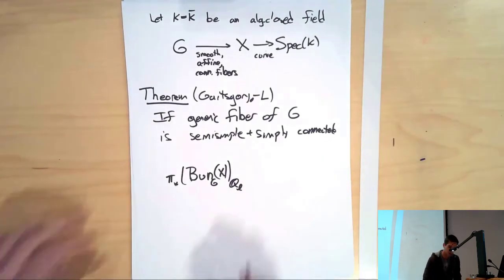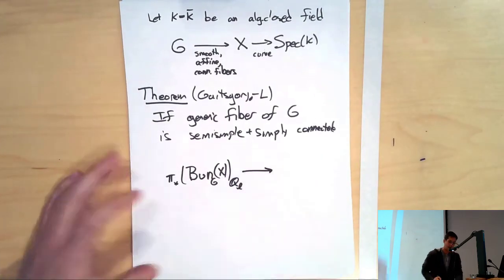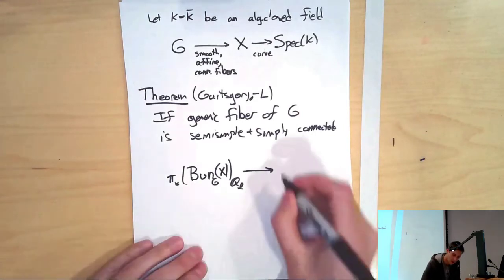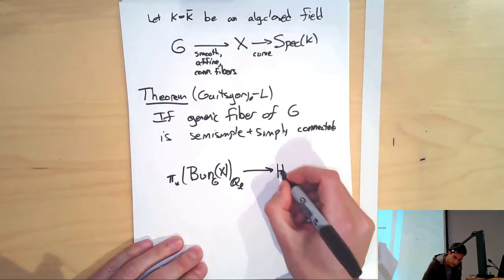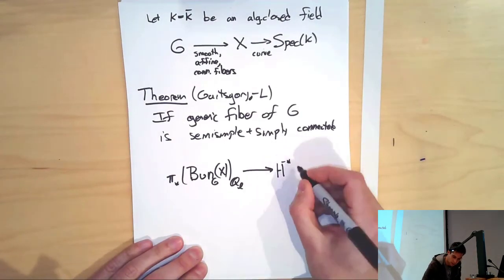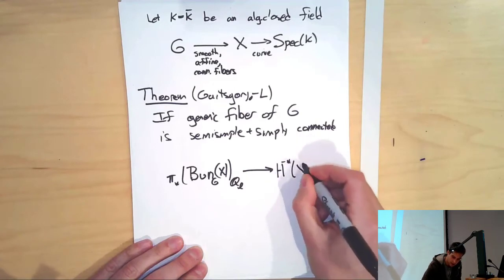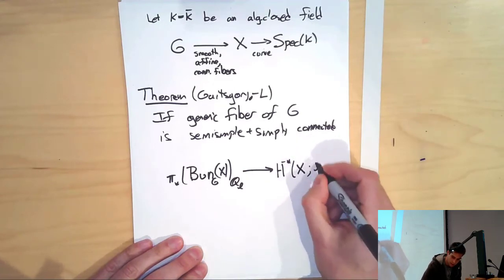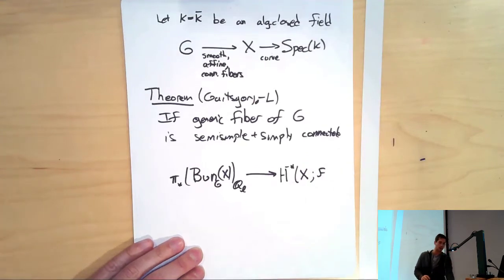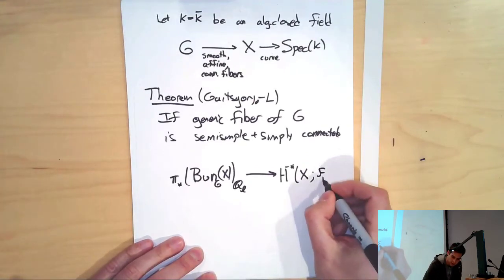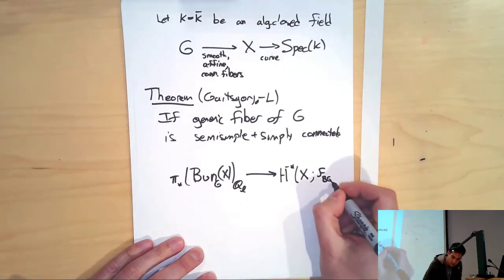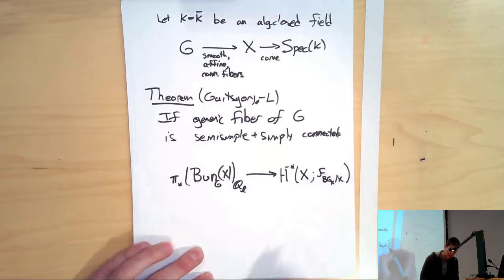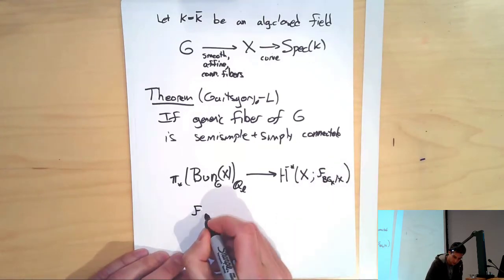And in the previous lecture, I described how to make a map from this into the hypercohomology of some complex of sheaves that lives on X: the cohomology of X with coefficients in some sheaf that I called F_{BG} over X. And so what is this sheaf?